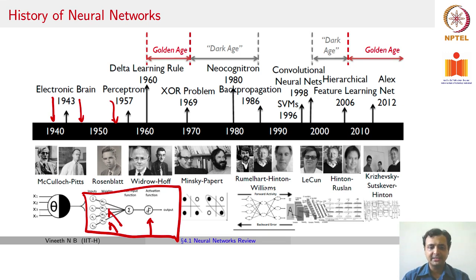In the early 1960s, this learning rule was improved by Widrow and Hoff, which is known as the Widrow-Hoff learning rule or the delta learning rule. This was the foundation of algorithms that we use to this day, which we will talk about soon.